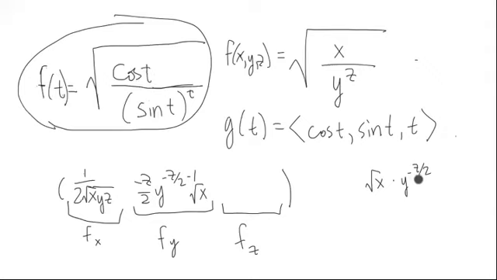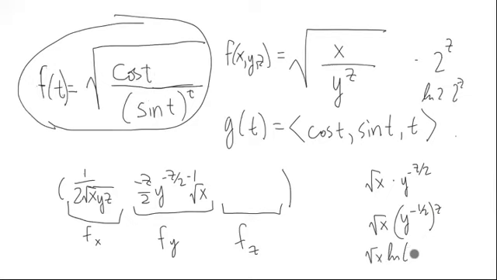So we could even rewrite this as y to the negative 1/2 raised to the z, times square root of x. Now the derivative of this is like the derivative of 2 to the z. What's the derivative? It's 2 to the z times the natural log of 2. So really here I'd get that times the natural log of y to the negative 1/2, and then just multiply that by y to the negative 1/2 raised to the z power. Wow. Okay, it's just that. So I put that in.